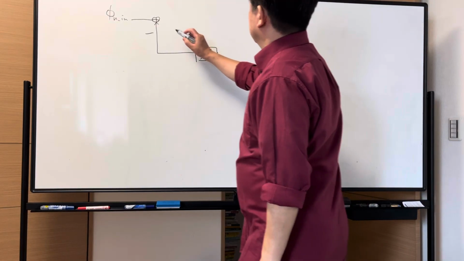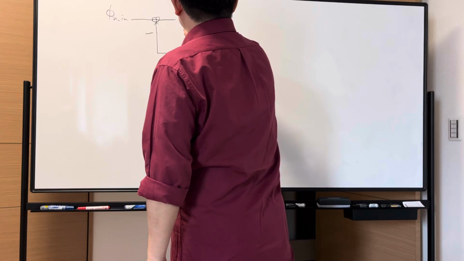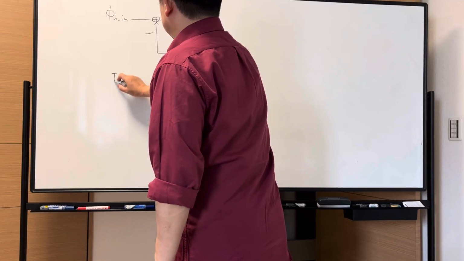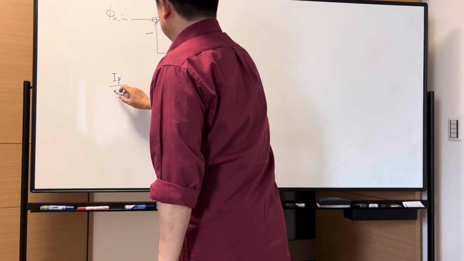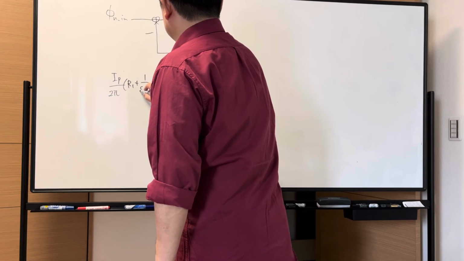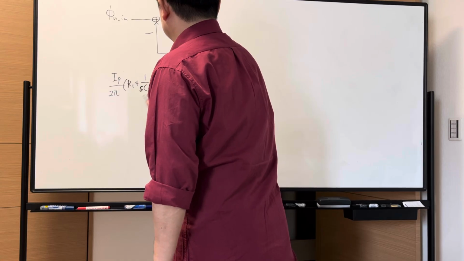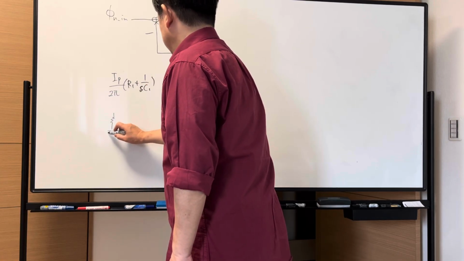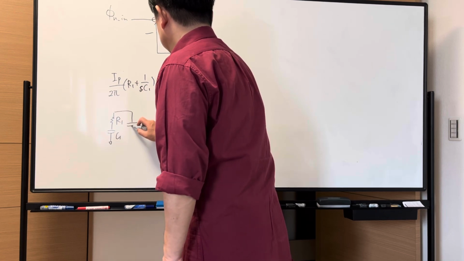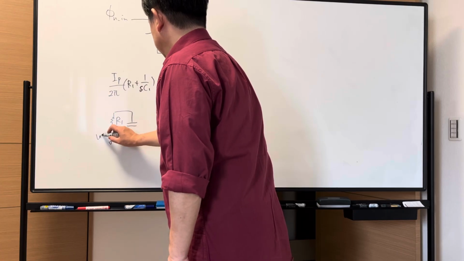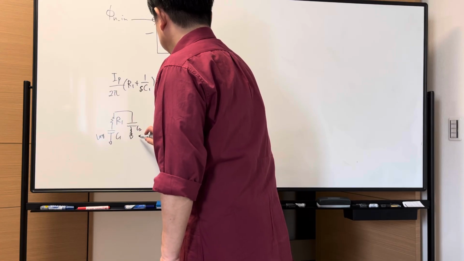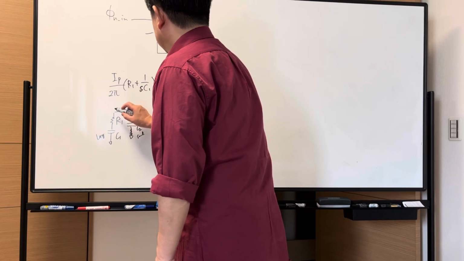It's the same. After this, first of all, there's a function F of s, like the charge pump current I sub p over 2 pi times 1 plus 1 over s C sub 1. This is a large one, this is a small one. Loop filter.